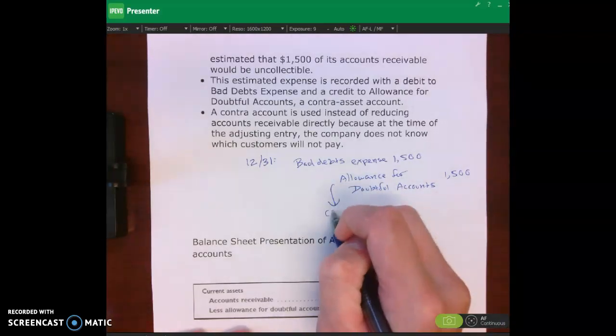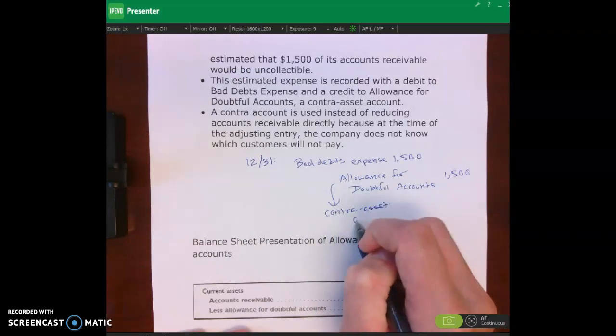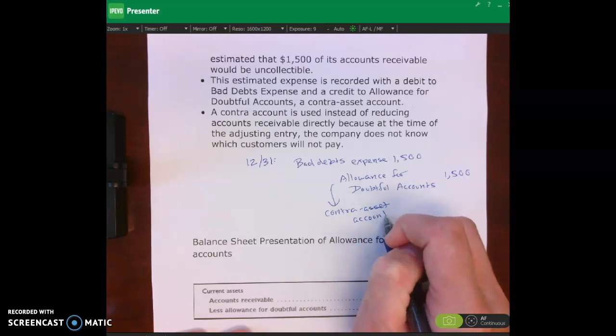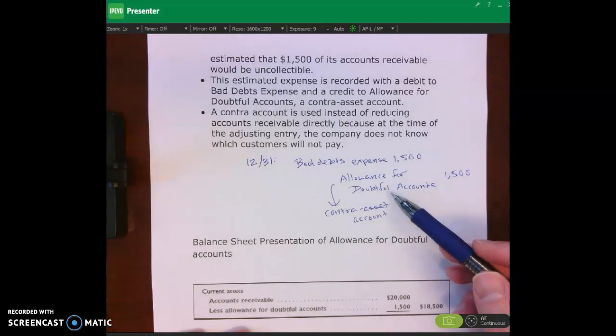This allowance is a contra asset account, which means the normal balance of this is a credit, right? Because the normal balance of an asset is a debit, contra is opposite, so the normal balance is a credit. This is very similar conceptually to our accumulated depreciation.